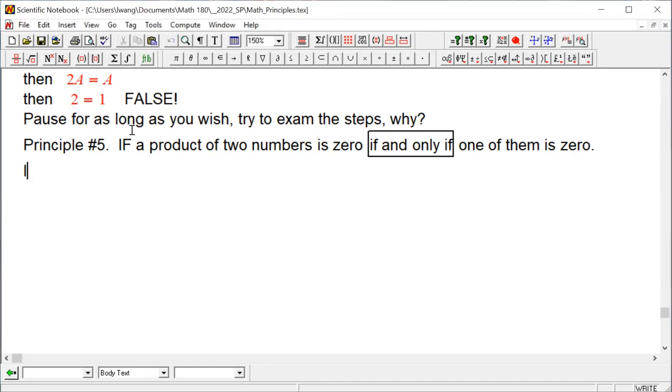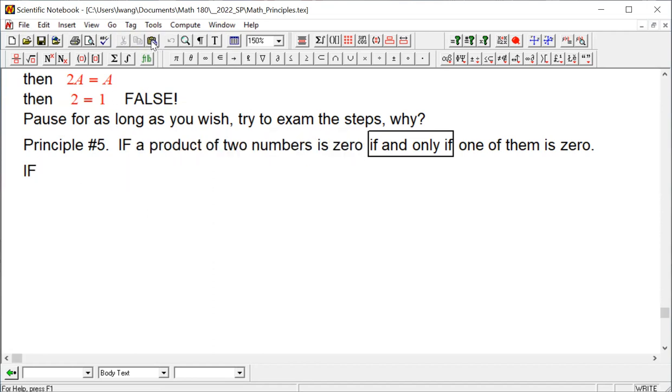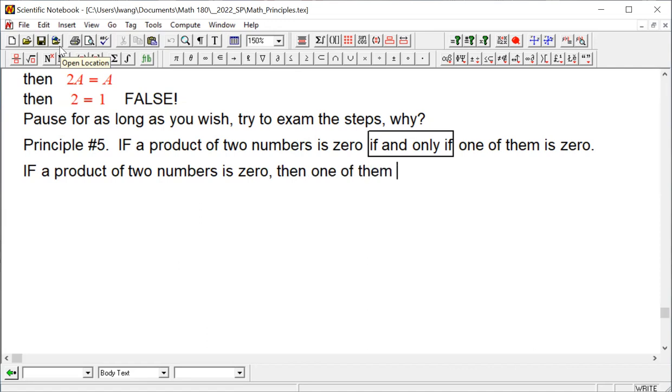One statement says, if a product of two numbers is 0, then one of them is 0.